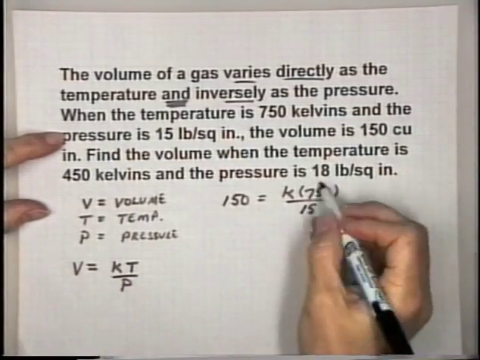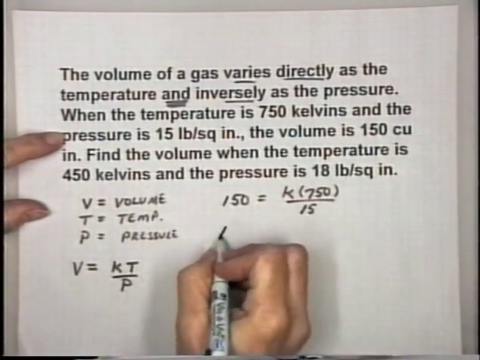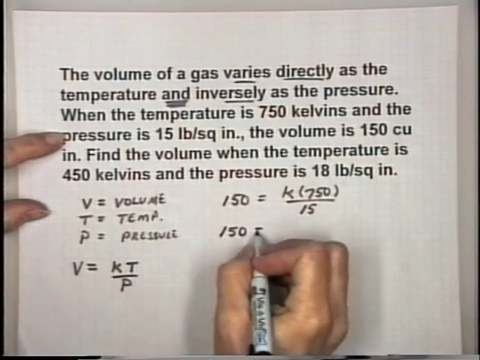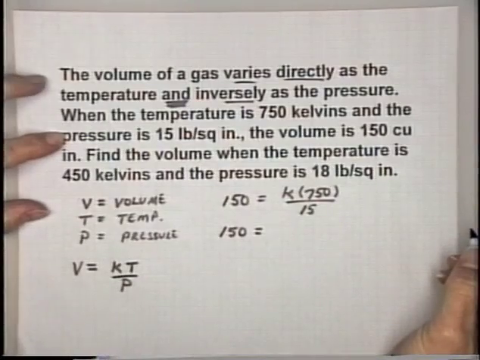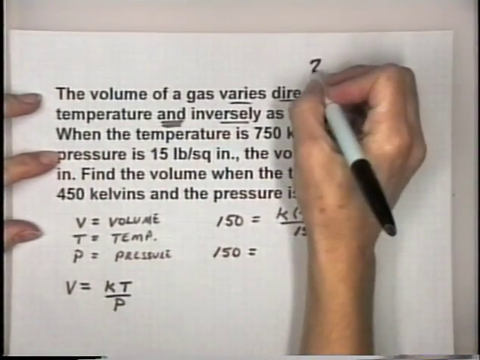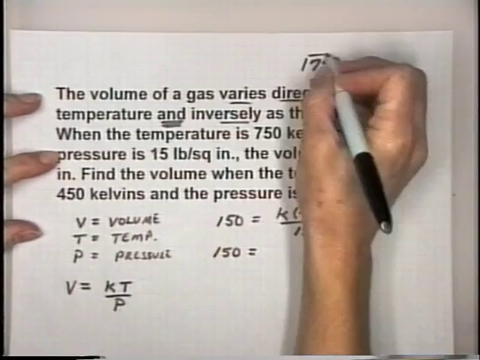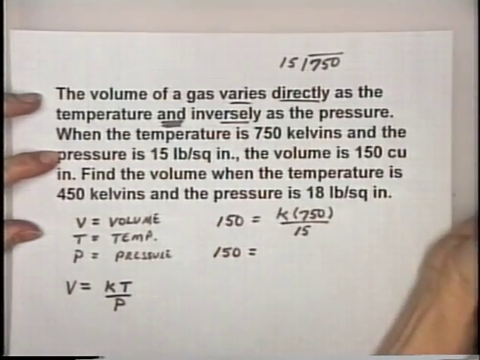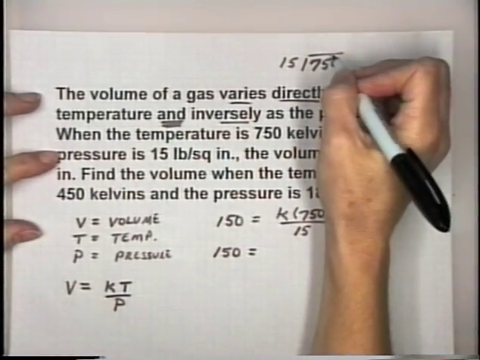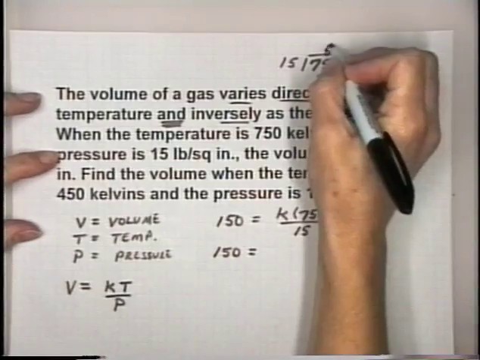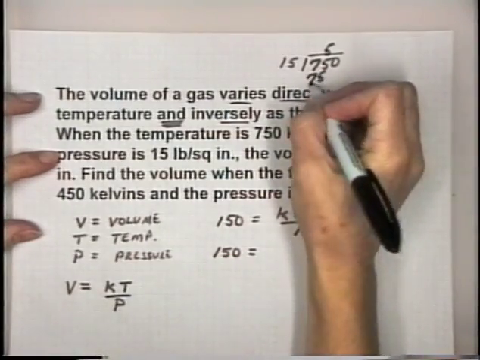Now, let's see if we can reduce over here before we do this division or multiplication. Will 15 divide into 750? I believe it will. 750, we're dividing by 15. How many times will 15 go into 750? Will that go 5? 5 times 5 is 25. 5, 6, 7, exactly, right?